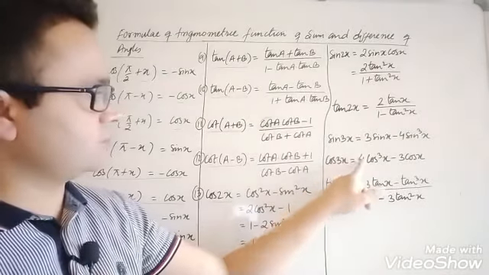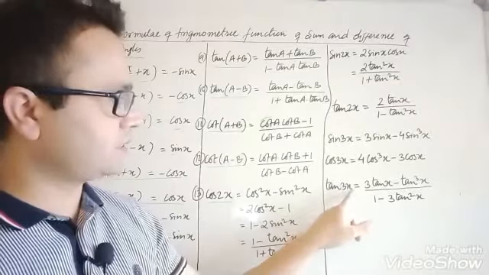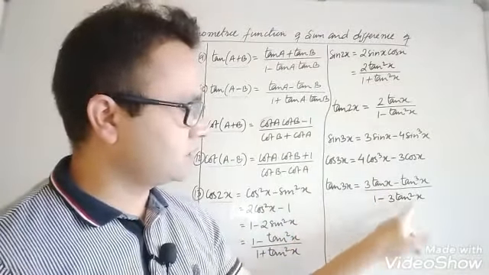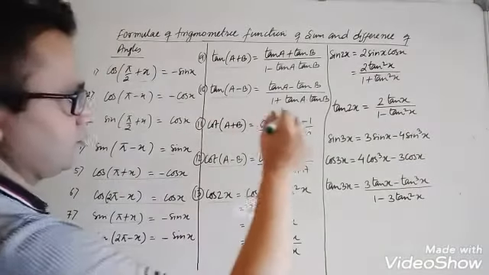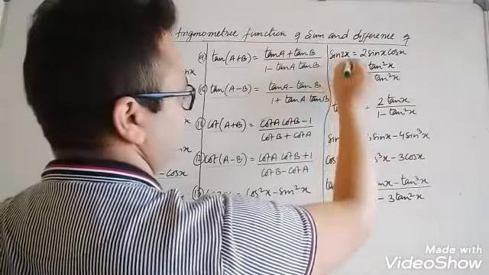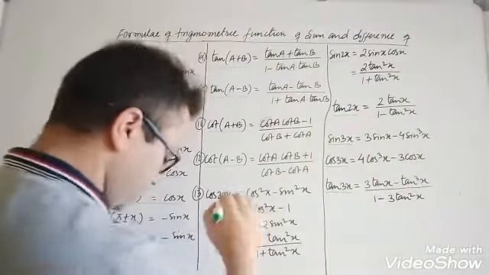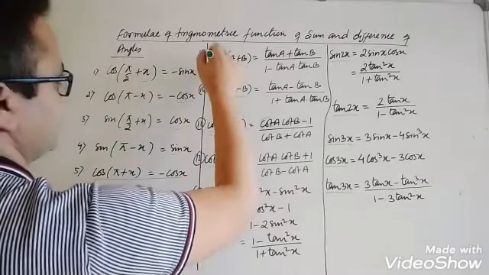Cos 3x is 4cos³x − 3 cos x. And tan 3x is (3 tan x − tan³x) divided by (1 − 3 tan²x). So these are some formulas which you have to remember. Now today I'll take some examples based on these formulas.